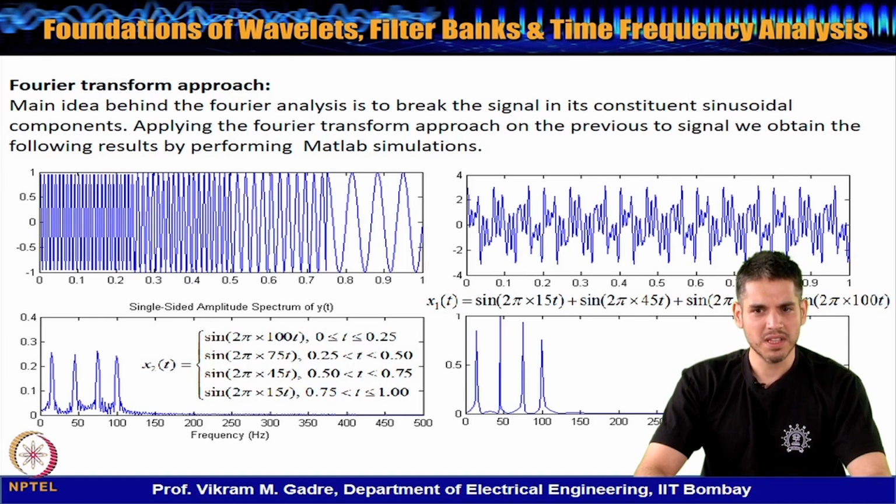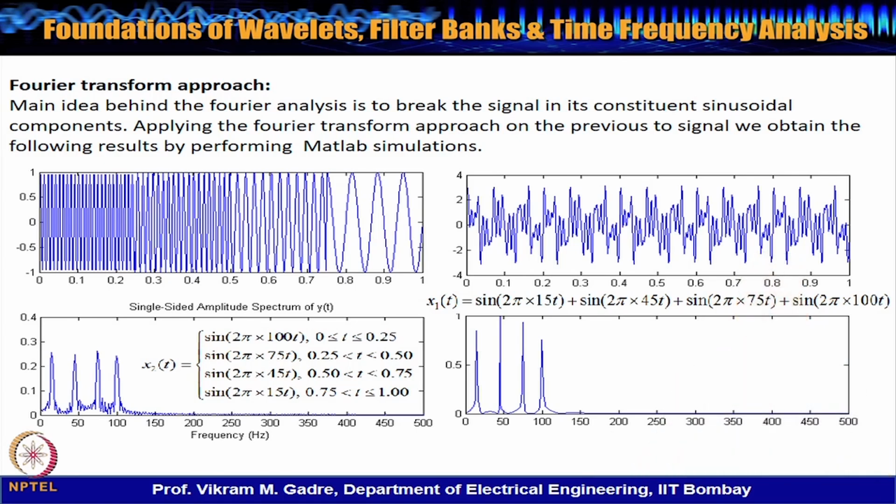As we have seen in the underlying equations of these two signals, the sinusoidal components in x1(t) are present throughout the time, whereas in the second signal x2(t), these 4 sinusoidal components occur at different instants in time. But if we look at the magnitude plot or the amplitude spectrum of both these signals, we see what is represented below.